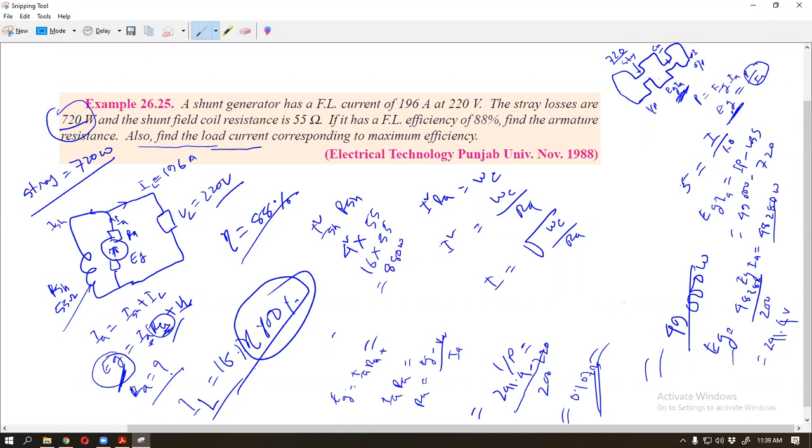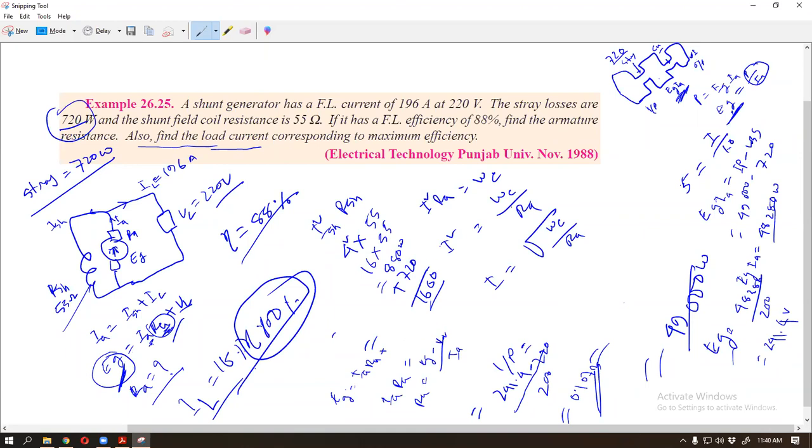So this and the steel loss 720. Okay, clear? So this is your constant loss.